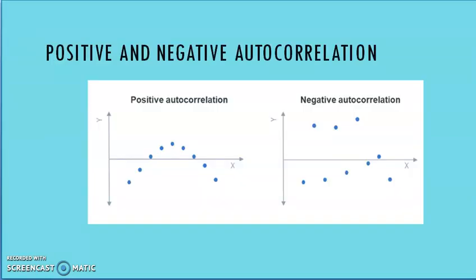As you can see in the graph, there is positive and negative autocorrelation. In the positive autocorrelation, the movement of the error seems like a quadratic function, whereas in the negative autocorrelation, the movement is not random, but the data seems to move together like this, right?